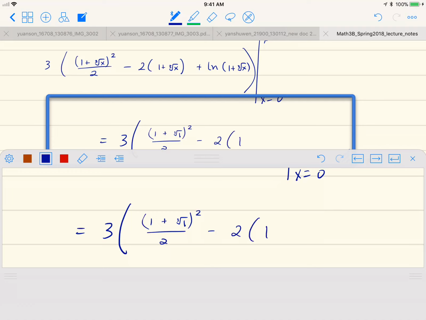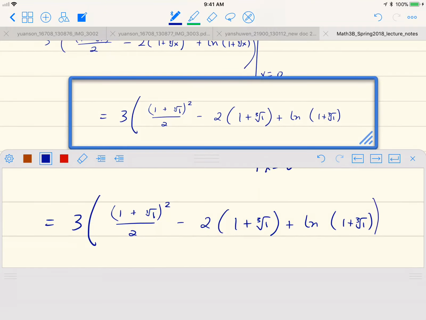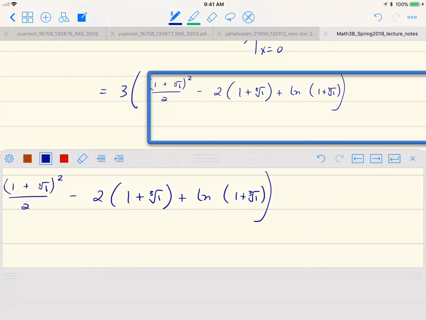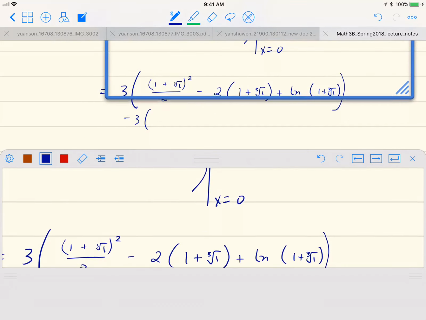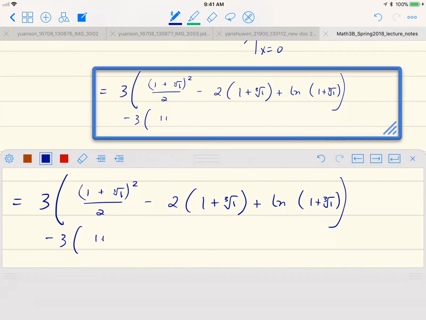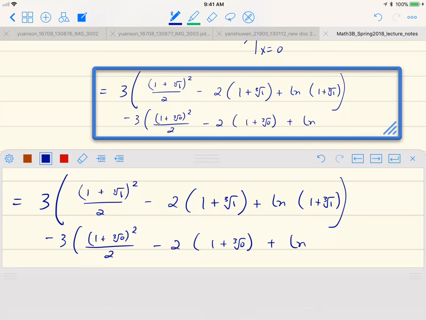Minus 2 times 1 plus the cube root of 1 plus the natural log of 1 plus the cube root of 1. Okay? And then that minus 3 times, we need to evaluate it at 0. 1 plus the cube root of 0 squared over 2 minus 2 times 1 plus the cube root of 0 plus the natural log of 1 plus cube root of 0.